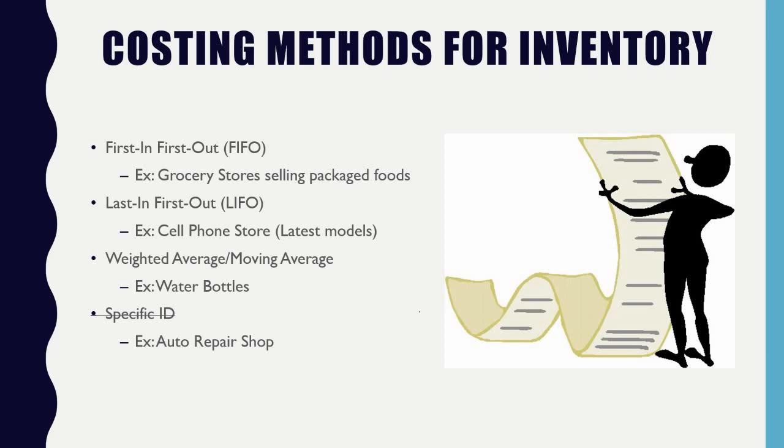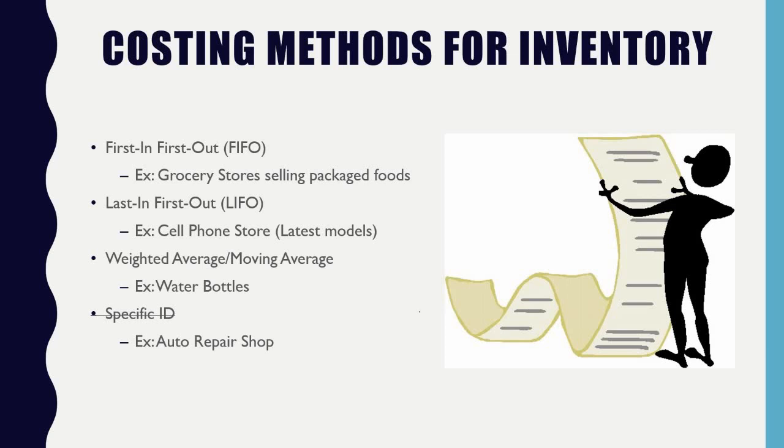A great example is something like milk. Milk has an expiration date, and usually you buy milk maybe once a week, because it's one of those products that a lot of people need. So oftentimes you buy them in batches, and each batch that you buy has an expiration date.